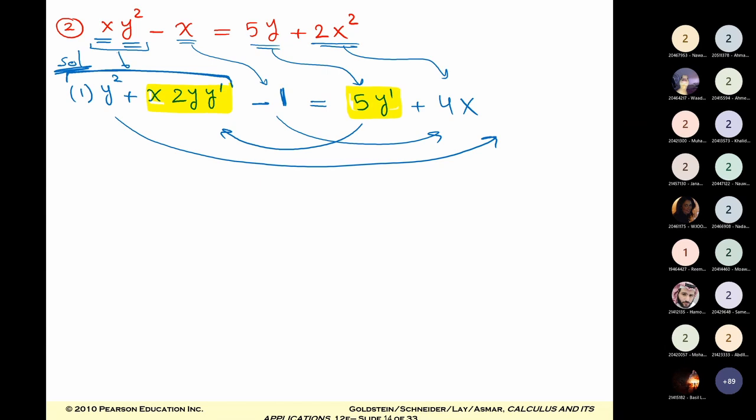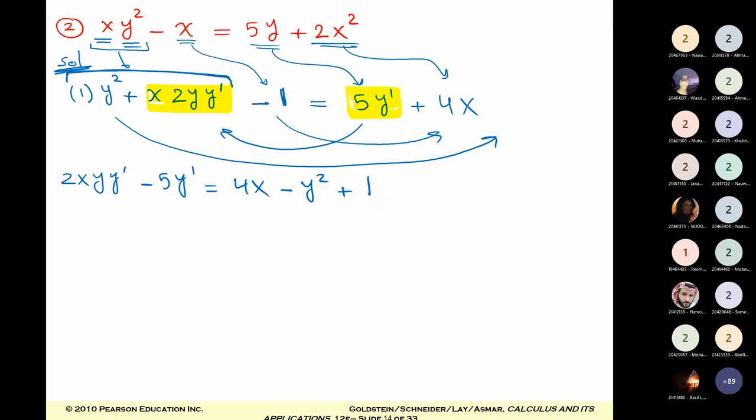Okay, so we have 2xy y prime. مين اللي يحكي لي ليش حطيت 2؟ عادي، هي multiplication، لكن بنعيد ترتيب فقط. احنا بنعيد ترتيب، نحط أول شيء الأعداد ثم الفاريبل. minus 5y prime equal، في عندي 4x، move y square, this is equal negative y square, move -1 equal +1.